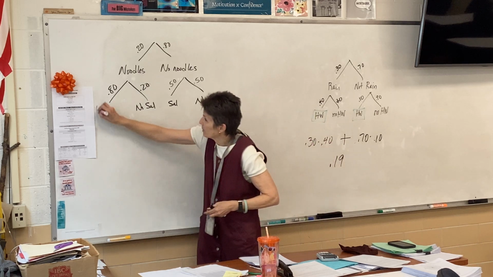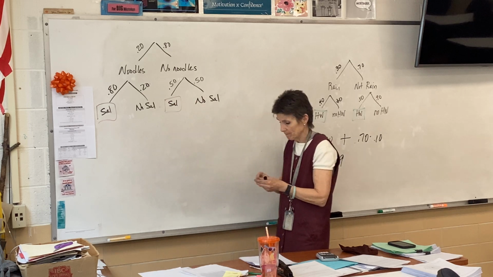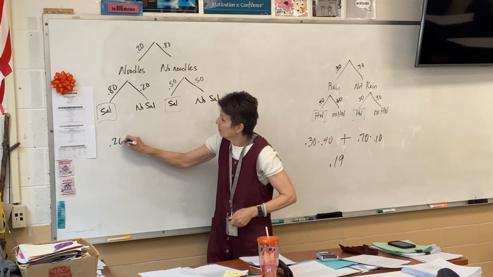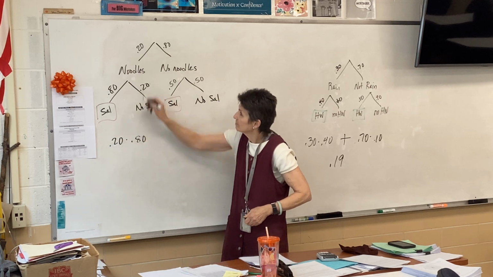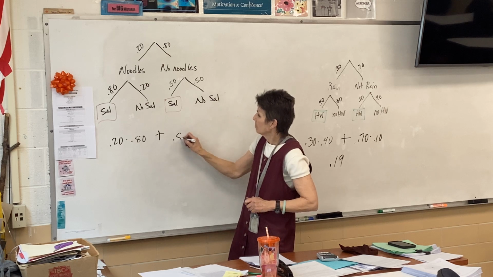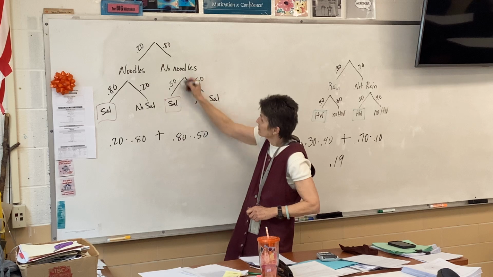So I need this branch, a salad branch here, and a salad branch here. So here we go. 0.20 times 0.80, that's that branch. Or 0.80 times 0.50, that's this branch right here.